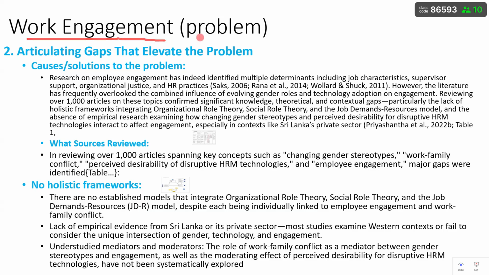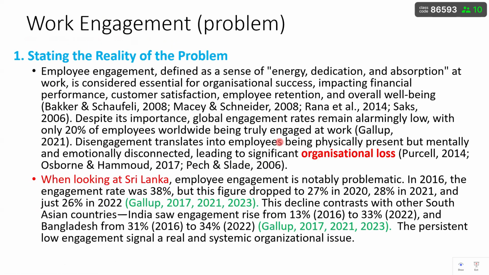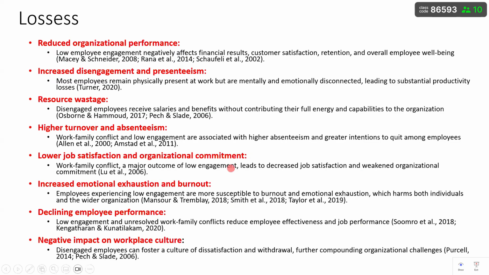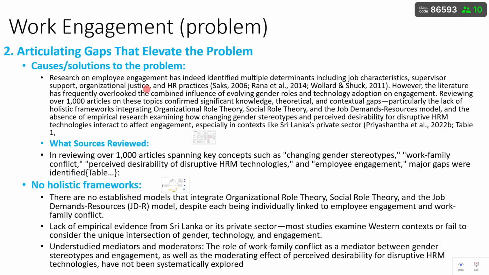That's why we have this problem, as you can see. These figures show a significant increasing trend of work disengagement. Why do we have that trend? Because we can simply understand that these findings are no longer enough to boost work engagement.